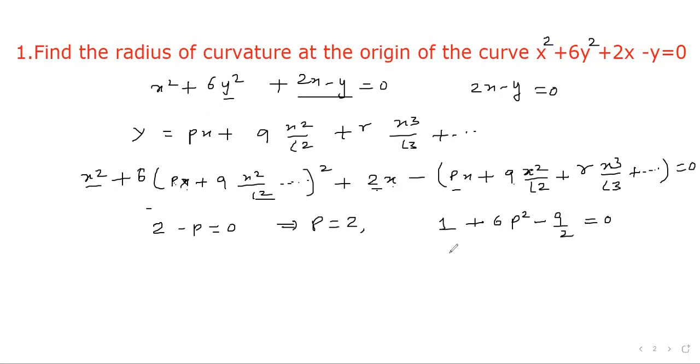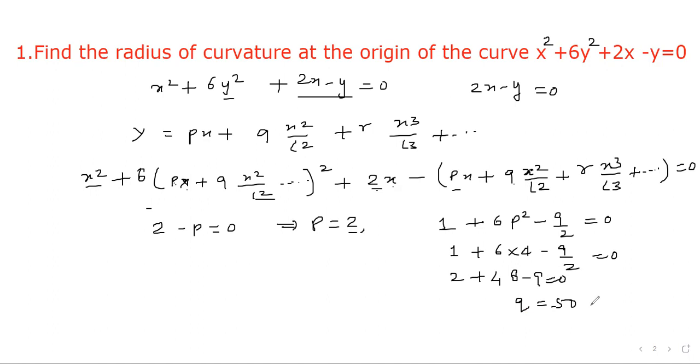And this will be equal to 0, but p equal to 2. So if we write it here, 1 plus 6 into 4 minus q by 2 equal to 0. So we will get 2 plus 48 minus q equal to 0, from where we will get q equal to 50.